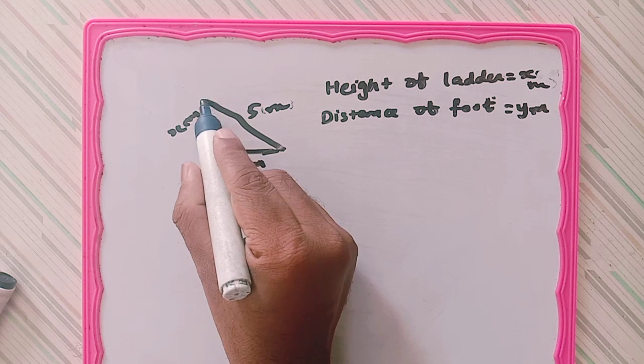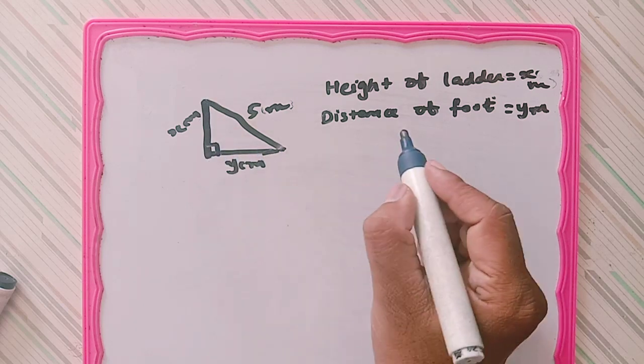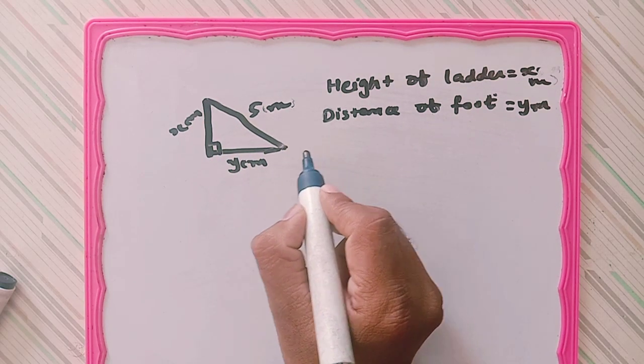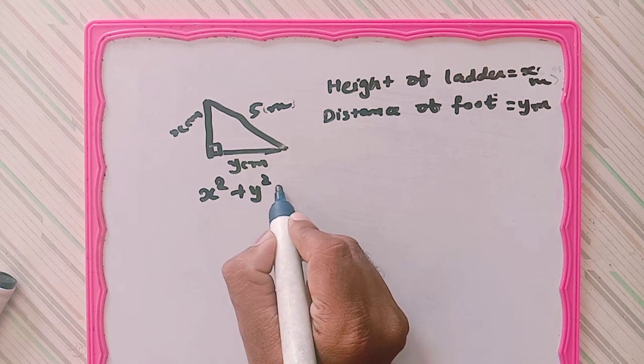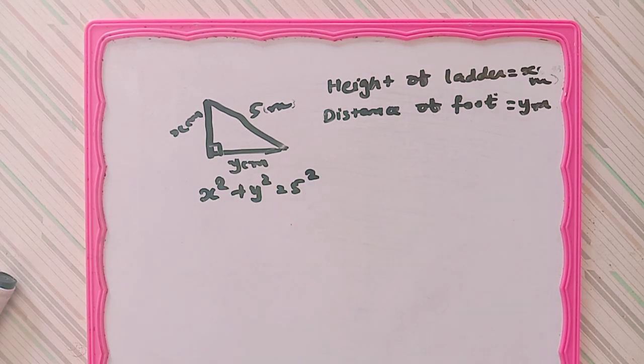Then we know that the ladder gives a right angle triangle, and so we have the function x square plus y square equals to 5 square.